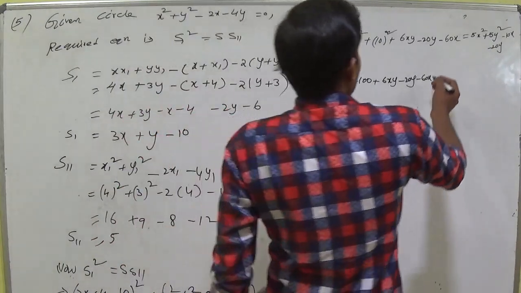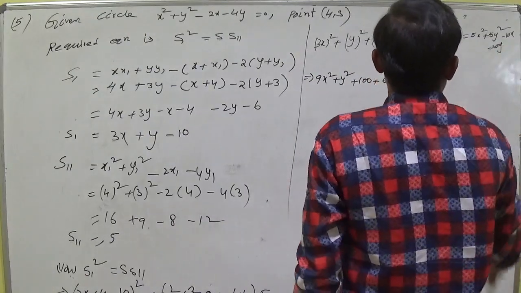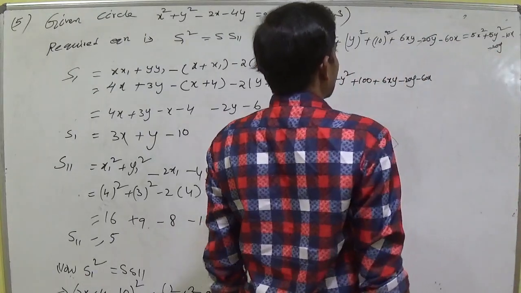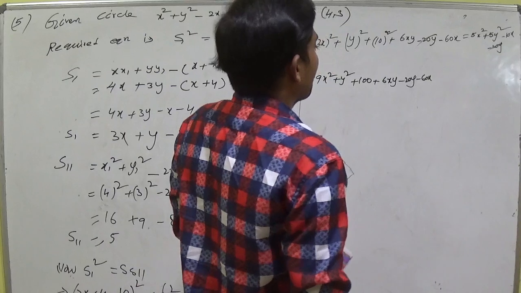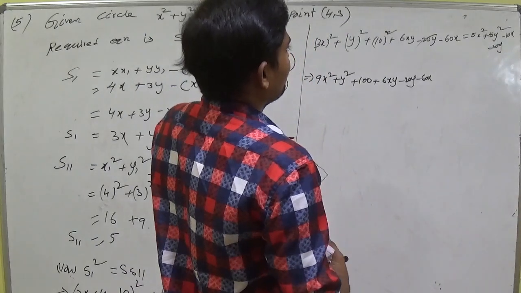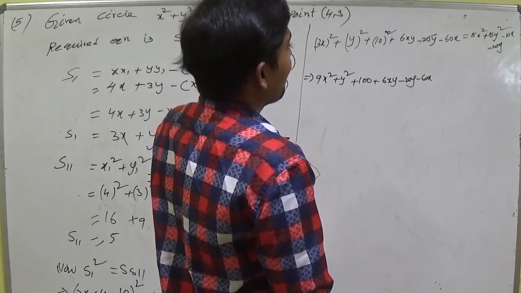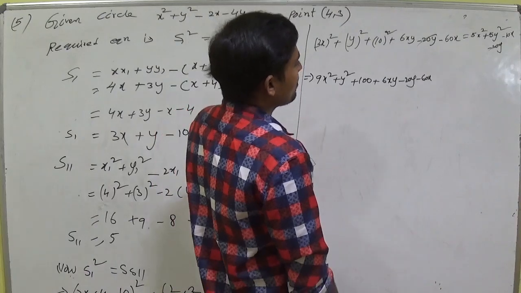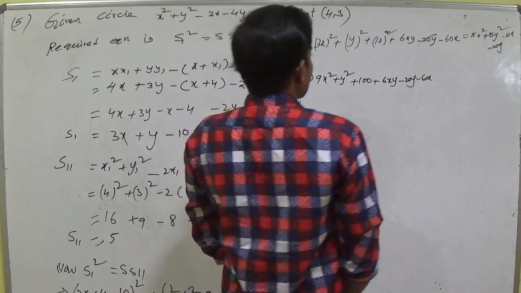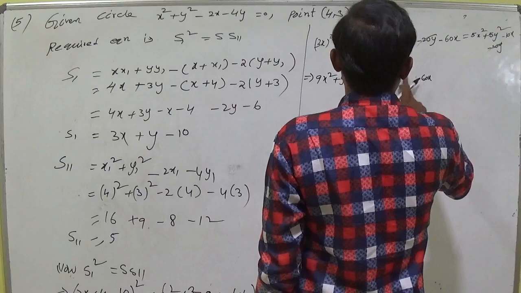See, minus 20y is gone, and 6xy, minus 60x. So minus 20y no need to write here.